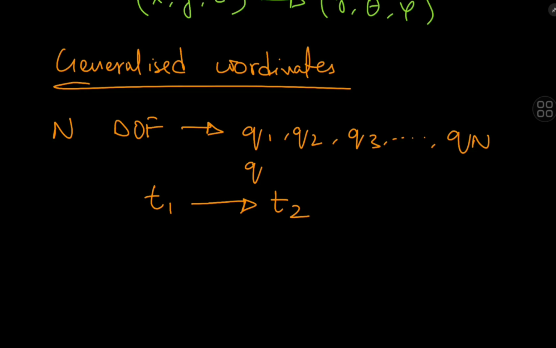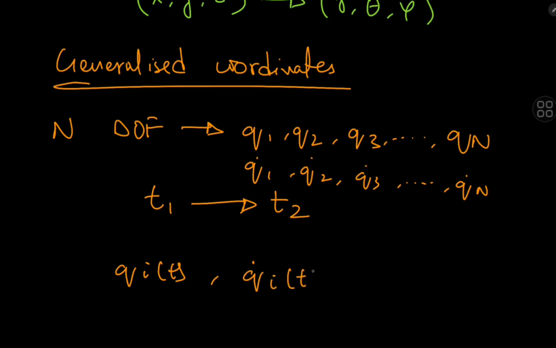That forms the set of generalized velocities that we denote by dots. The dots mean time derivatives. So we have q dot 1, q dot 2, q dot 3, all the way up to q dot n. And I'm representing the set of generalized coordinates as qi of t, and the corresponding set of generalized velocities as q dot i of t.